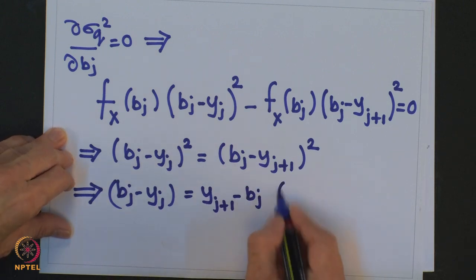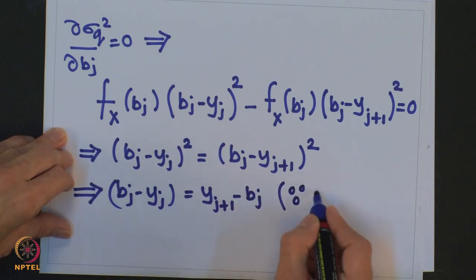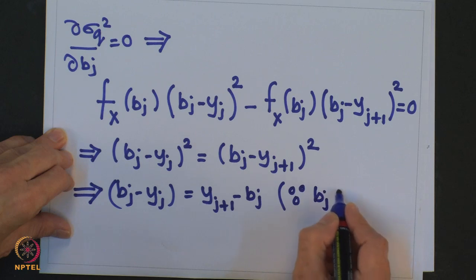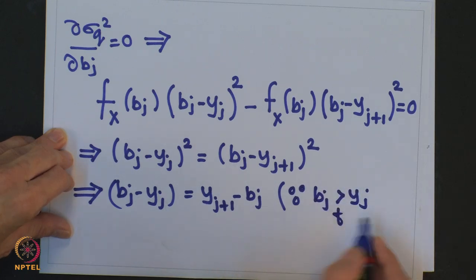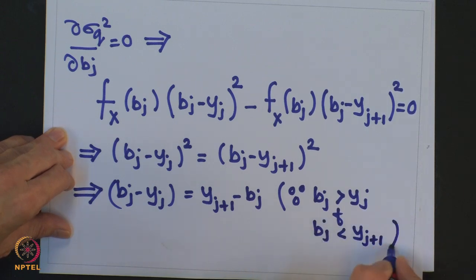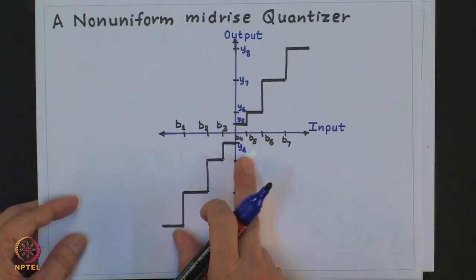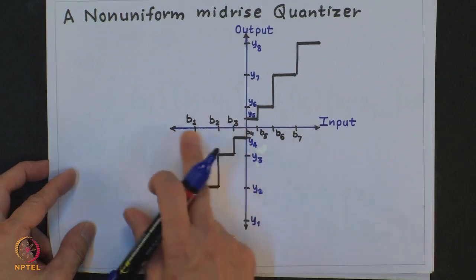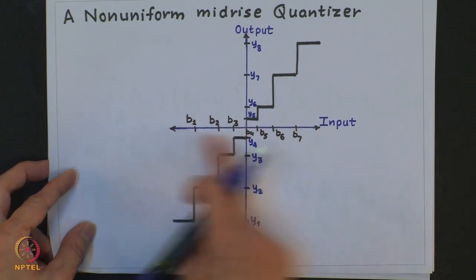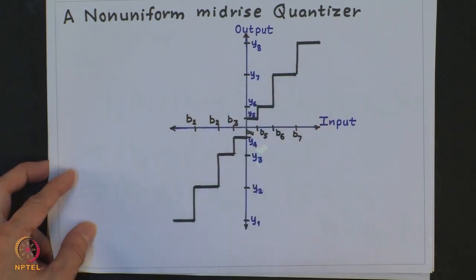now this will imply that Bj minus Yj is equal to Yj plus 1 minus Bj, because your Bj is greater than Yj and Bj is less than Yj plus 1. Look at this convention which we have followed for naming the boundaries and the reconstruction level.